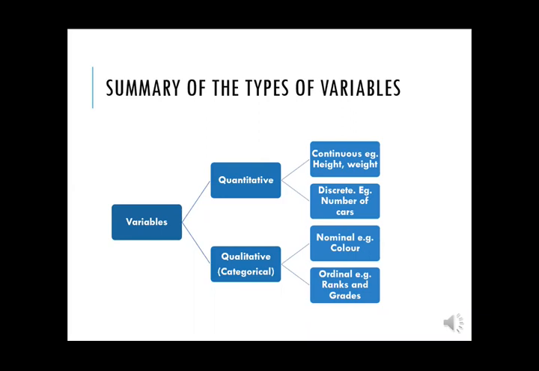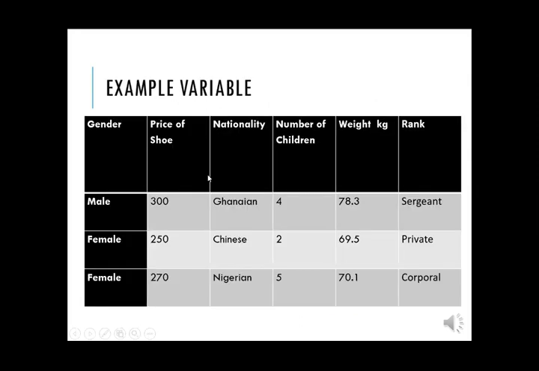Now, when we come to the qualitative or categorical variables, we also have two types. The first one: when you look at gender, we have male and female. You look at nationality, you have Ghanaian, Chinese, Nigerian. You can see that for gender, a male is not superior to female, neither is female superior to male.